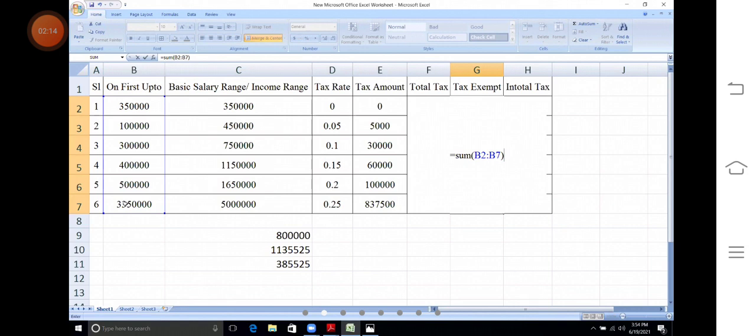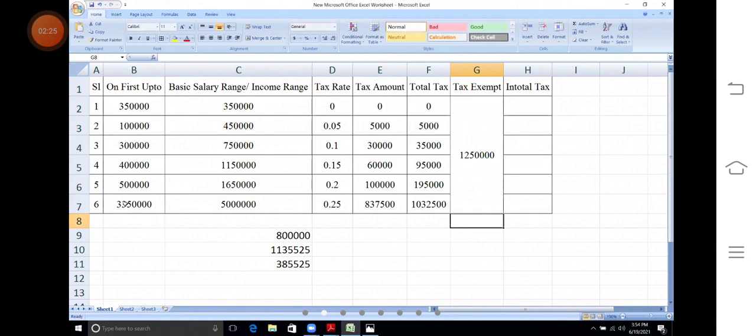Okay, yes or no? Yes, sir. And shift 8 with 0.25, that amount is your investment amount. 1/4 of your taxable amount you can invest.